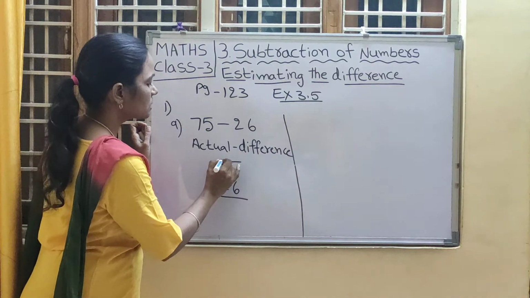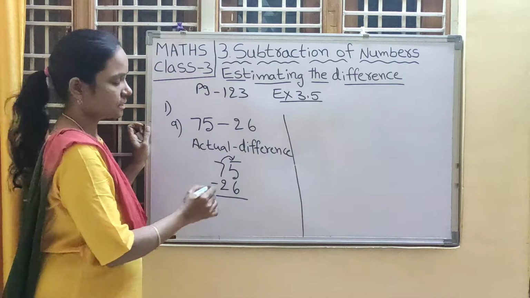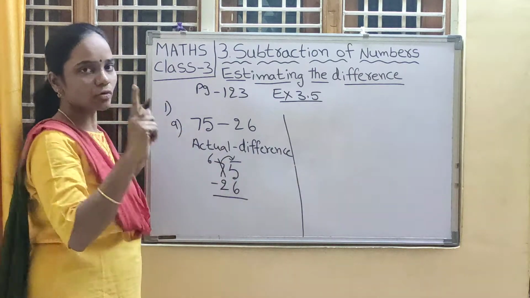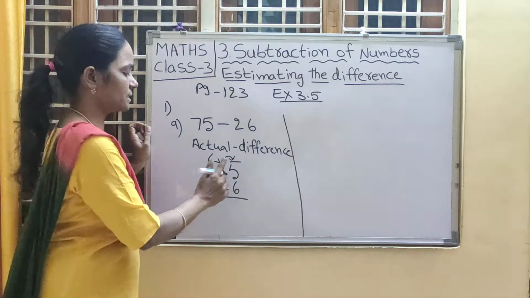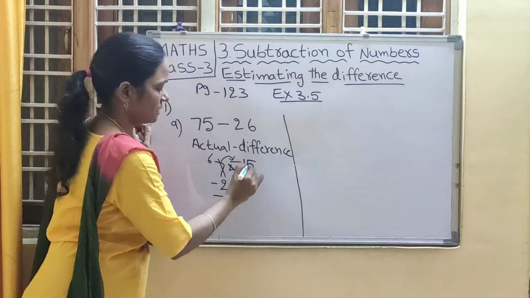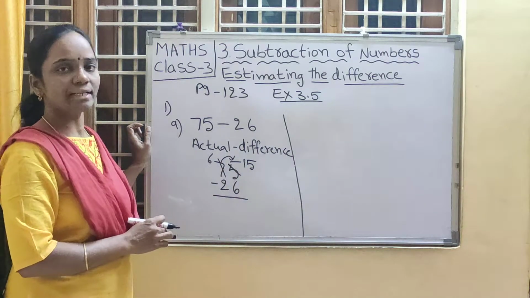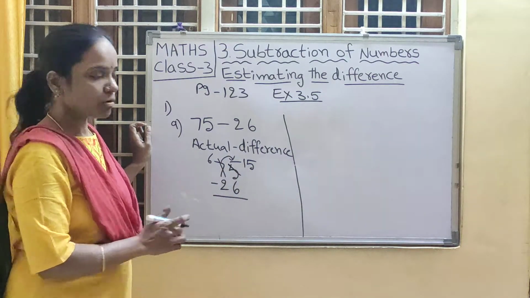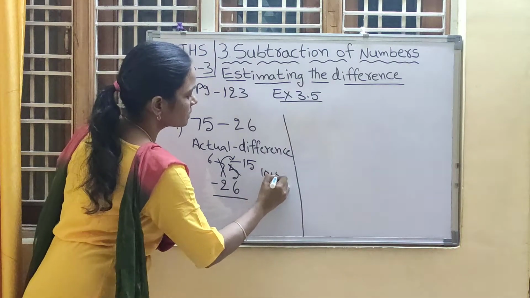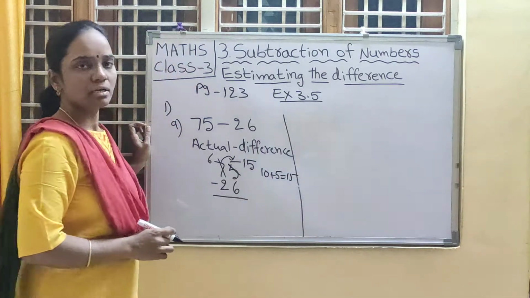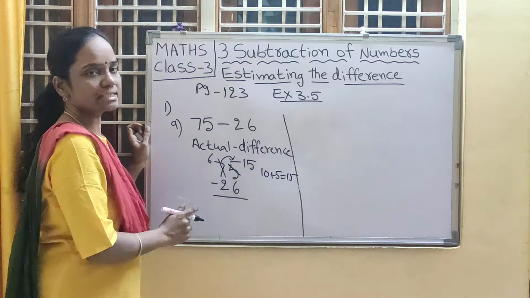So borrow from 10's place. 7 becomes a 6. I am borrowing 1 ten. And 5 becomes a 15. Already 5 is there at 1's place. 1 ten plus 5 is equal to 15. So now at 1's place 15 is there.